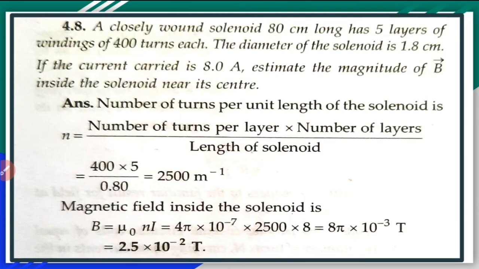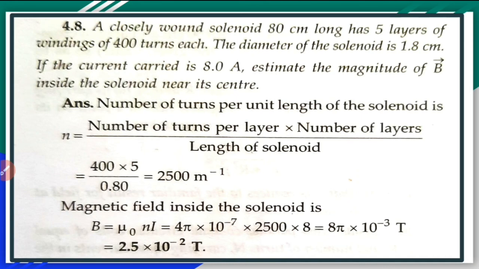Now coming to 4.8. A closely wound solenoid 80 centimeter long has 5 layers of windings, 400 turns each. The diameter of the solenoid is 1.8 centimeter. If the current carried is 8 ampere, estimate the magnitude of B inside the solenoid near its center.